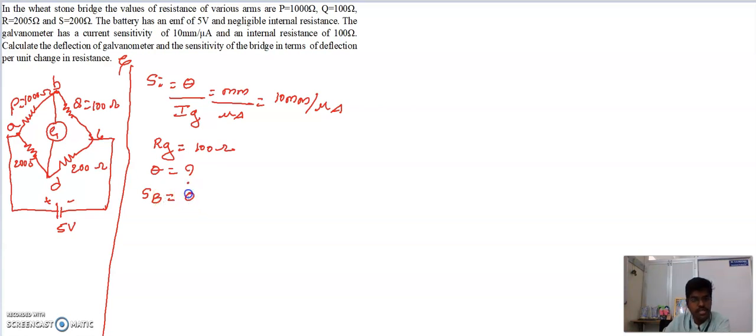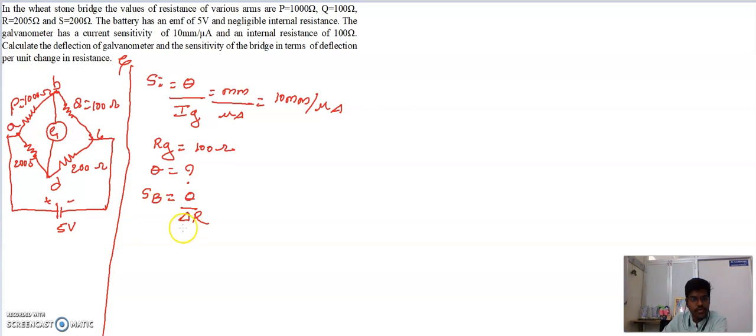That means it is theta divided by delta R. In the previous class we defined deflection of the galvanometer per unit fractional change in the value of resistance, where we took delta R divided by R. Here it is different.